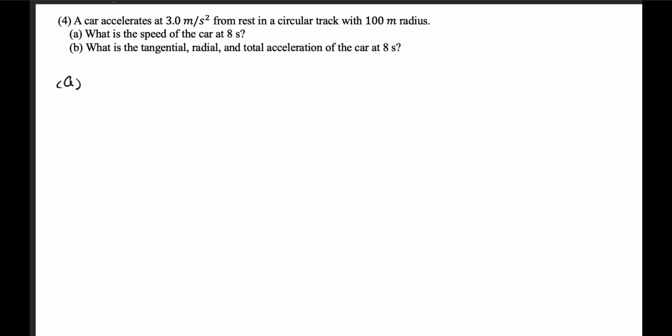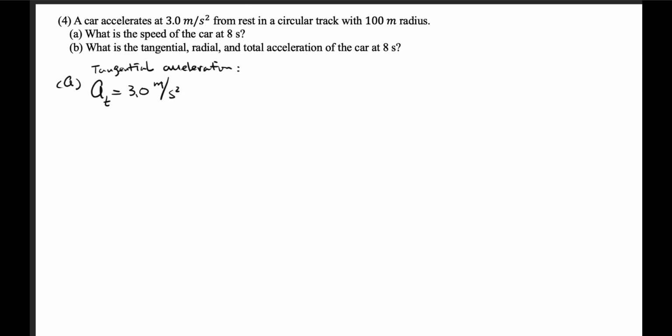So first, we know whenever we talk about a car's acceleration at some value, that value actually refers to the tangential acceleration, a_t. The speed of a car can only be changed by the tangential acceleration. Okay, so a_t is 3 meters per square second. Okay, so that's from the question.